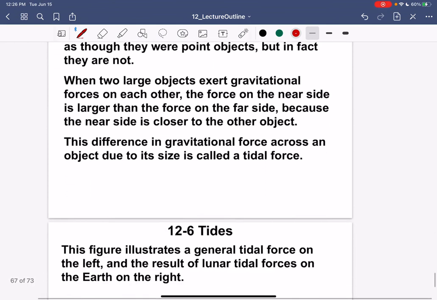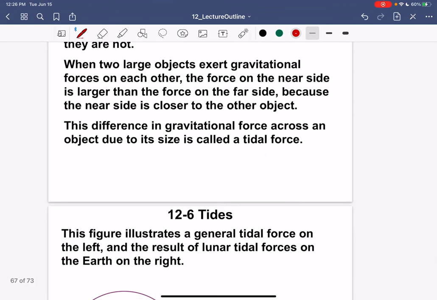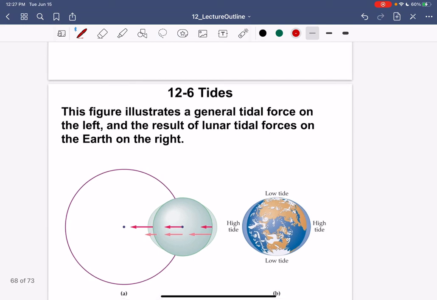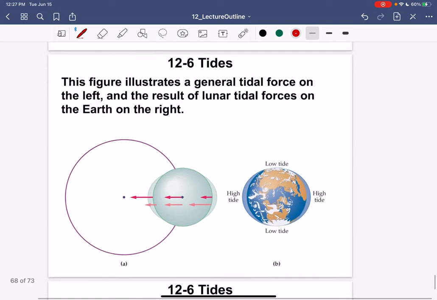This difference in gravitational force across an object is called tidal forces. Here we have the general tidal force on the left and the result of lunar tidal forces on the Earth on the right.